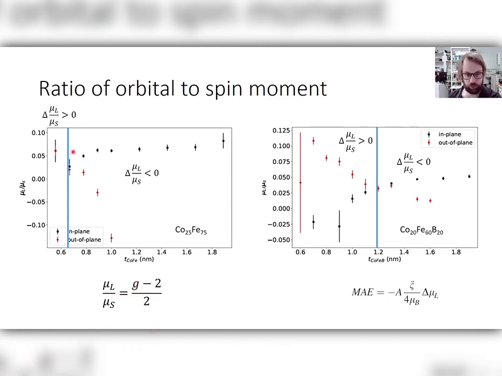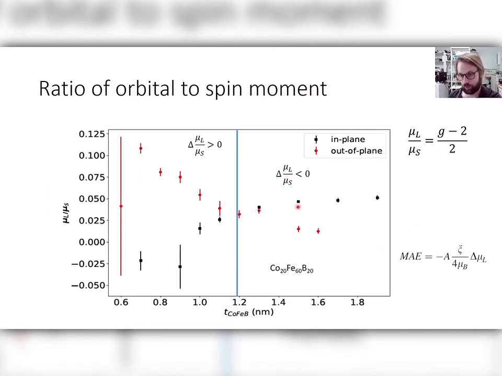We measured it for both crystalline cobalt iron and amorphous cobalt iron boron. Unfortunately, due to large saturation magnetization, we are not able to measure this parameter precisely for thick films because we do not have enough field to saturate the sample. But we are able to measure the full range of thicknesses for the cobalt iron boron film.